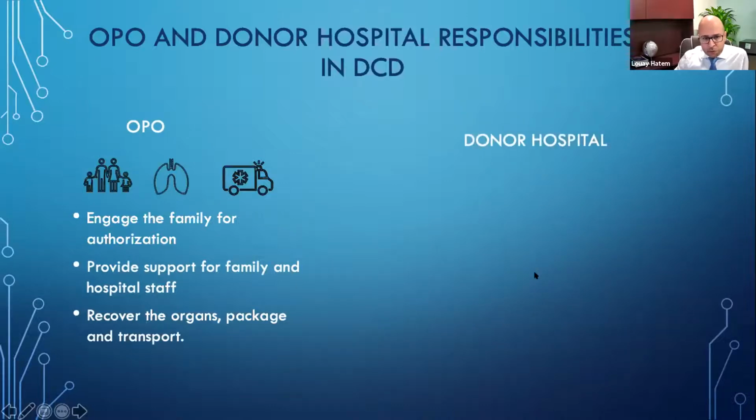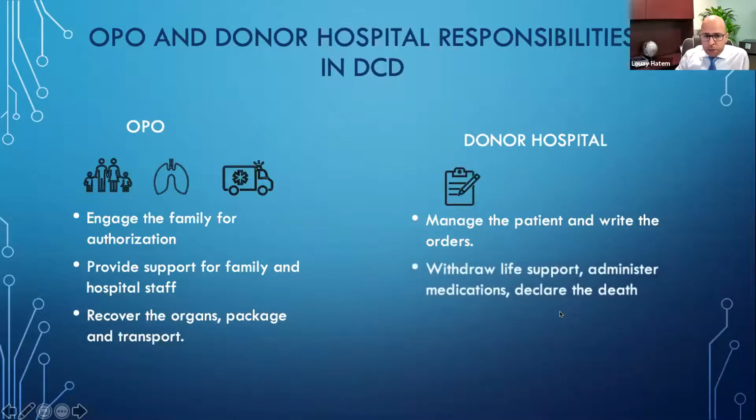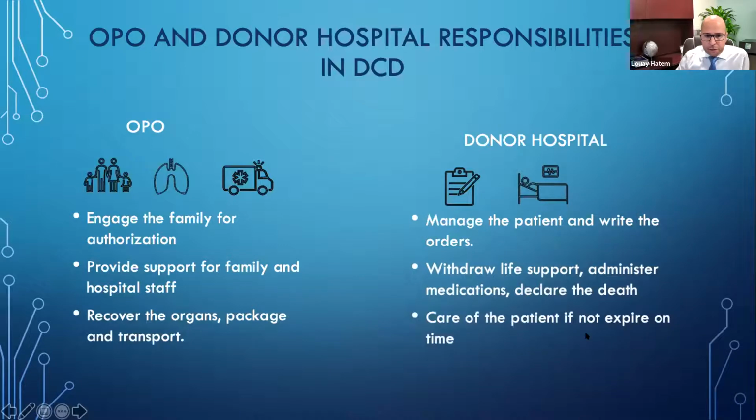The hospital donors are responsible for managing the patient and writing the orders, withdrawing life support, administering medication, declaring the death, and caring for the patient if they do not expire on time.